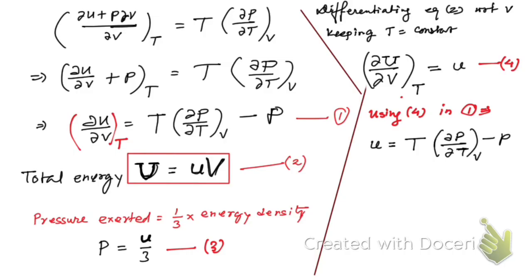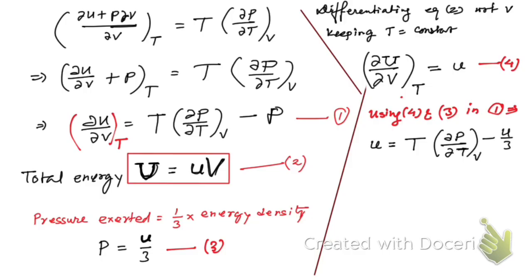Also this P will be replaced by this value of P using 3. Actually I should write using 4 and 3 both in 1, then this P will be replaced by U by 3, right?